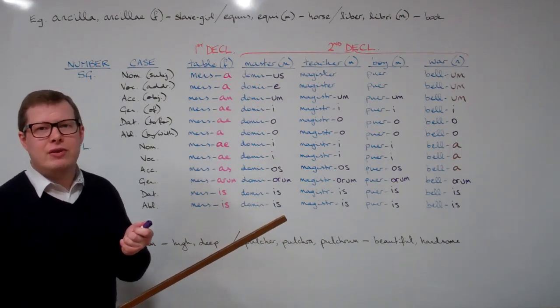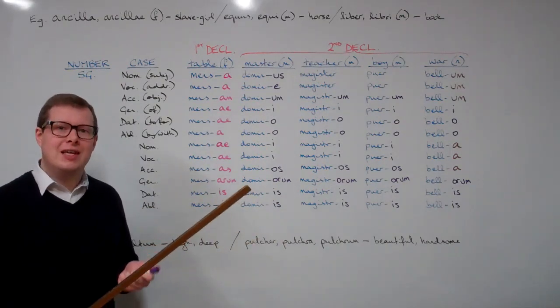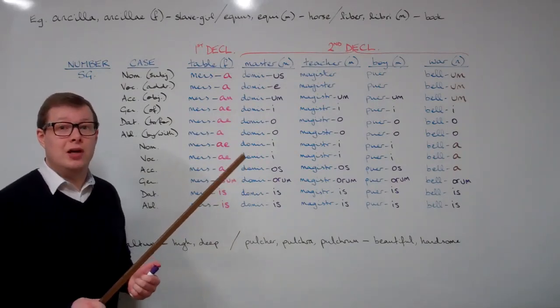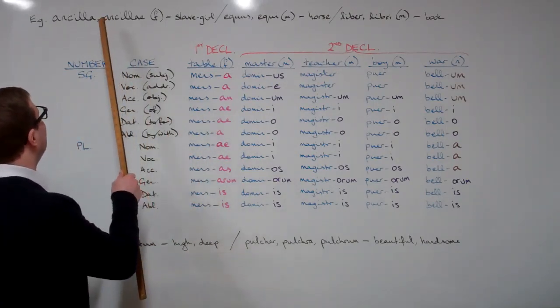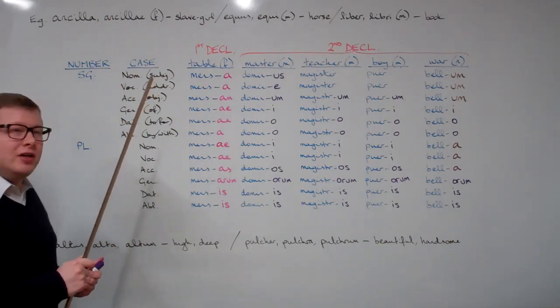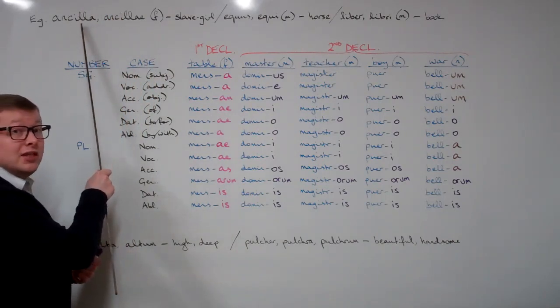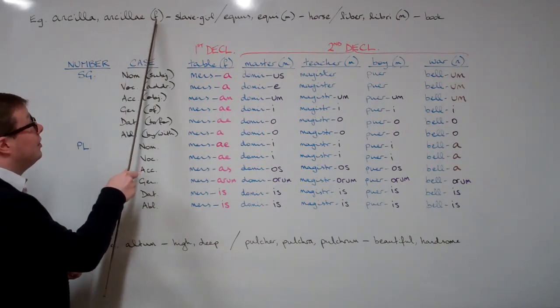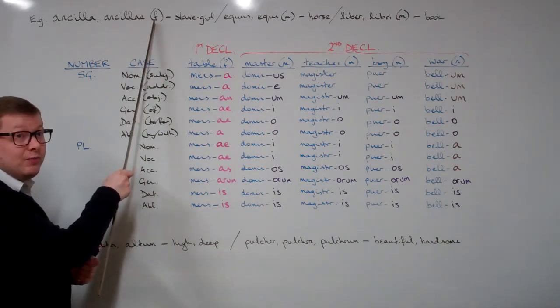It is primarily for this reason that nouns are given in dictionaries and in vocabulary lists with fuller forms. Here are some examples. All nouns in dictionaries have the nominative singular, the genitive singular, and the gender provided in brackets.